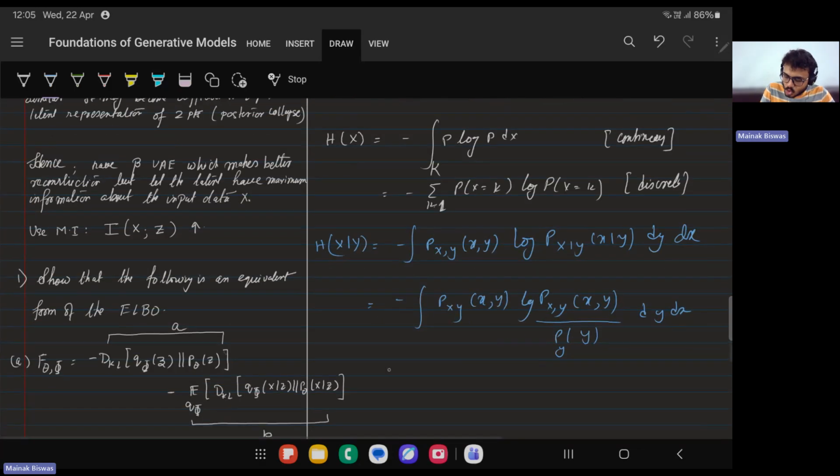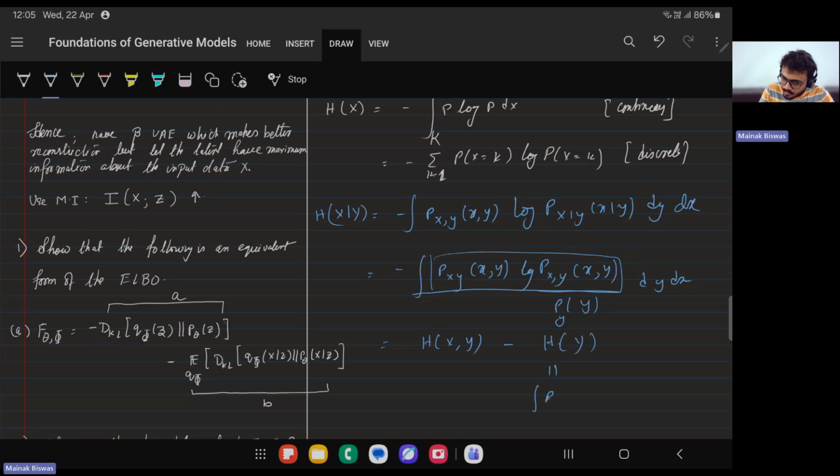So now you have a joint entropy of x comma y. This term is a joint entropy, and you have a minus entropy of y in the second term. If you're not following, I'll be doing this multiple times in today's session: I will marginalize one variable out if it is not there.